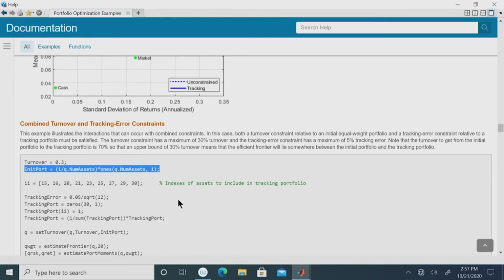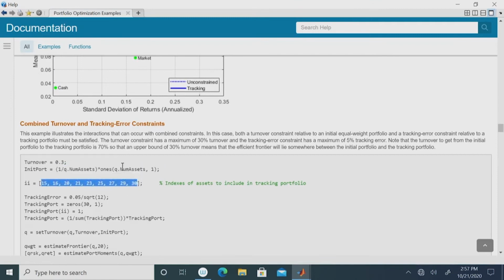So, there are three aspects here that need to be taken care of. The first is that the turnover is set at 30%. Now, in order to start your generation of the efficient frontier portfolio, you need to have some initial portfolio. So, the initial portfolio is set to be an equal weighted portfolio, and the tracking error portfolio is the same as that which has been set before.